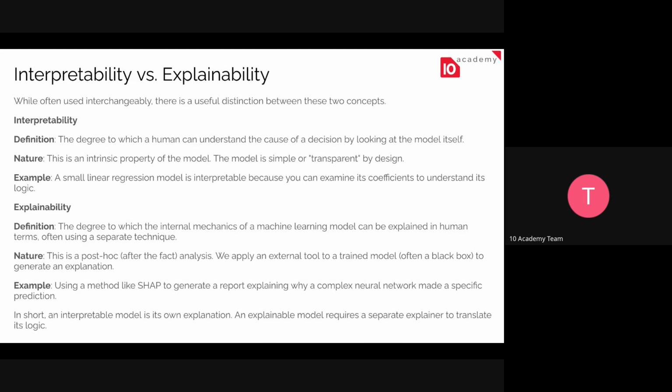The model itself can show you the logic which you mentioned earlier. So you already have the logic if the model is a white box model because it's simple. You can see the decision tree coming down and why the output happened, and so on. But for black boxes, that's not possible.